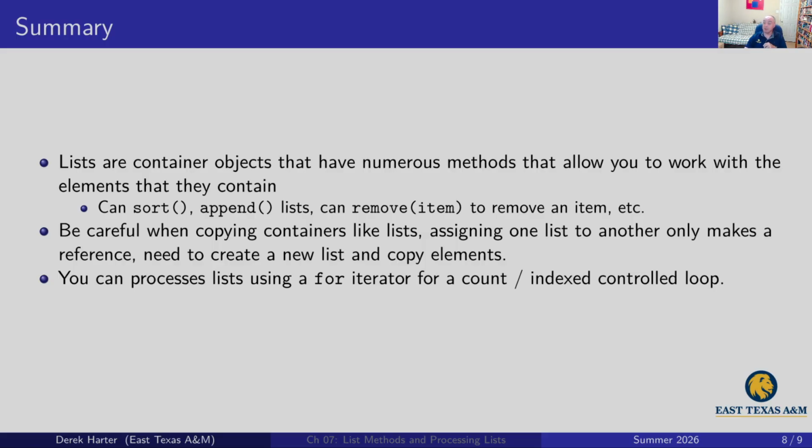In general, you can process lists using a count controlled loop, a for loop. That's basically what the for loop syntax in Python is meant for. And we looked at some other things like list comprehensions. You should be aware of what a list comprehension is. You'll probably see lots of those used in existing Python code.